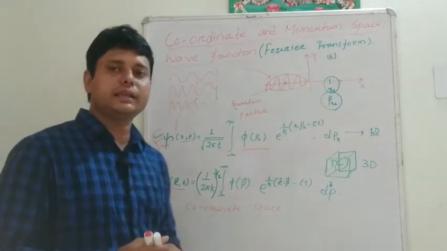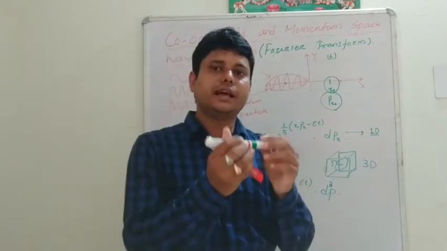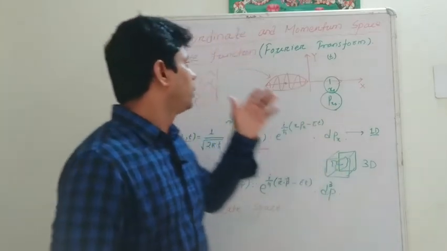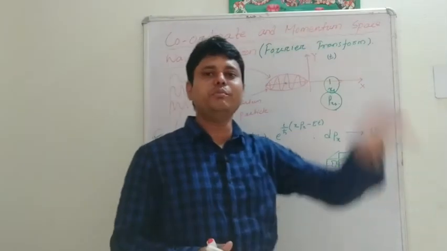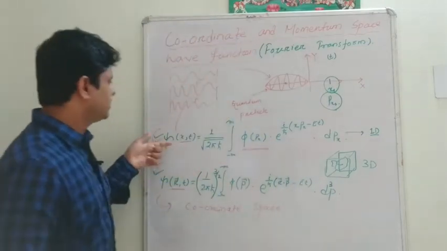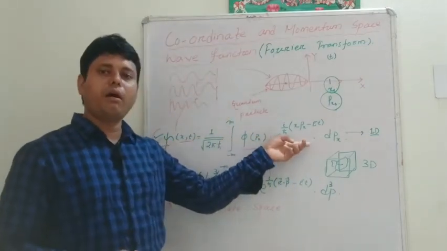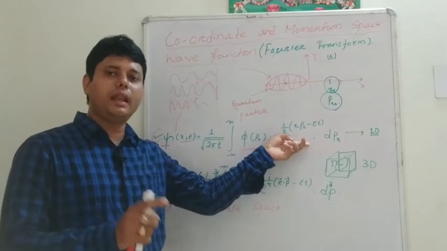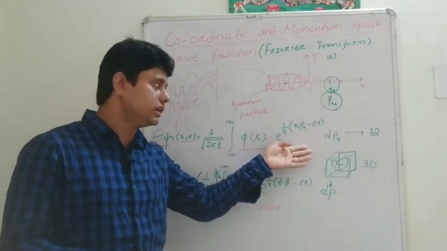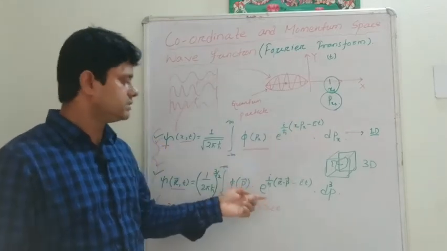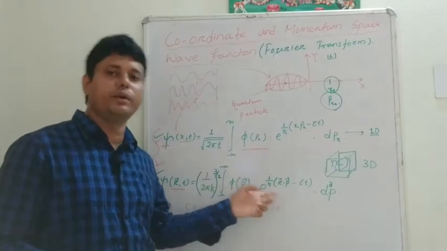That means we can say a particle that is moving is associated with a coordinate space and momentum space. So here this is the 1D equation of the particle moving along the x-axis considering the coordinate space. This is the 3D motion considering the coordinate space.